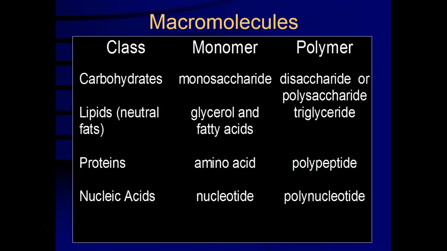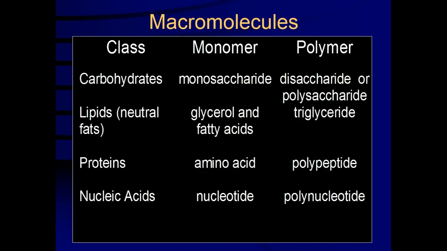Polymer means more than one. So we're going to learn the disaccharides. This is stuff like table sugar and milk sugar. Disaccharides, 2 sugars, and then polysaccharides. Those are things like the starches. Glycogen, for example, is a polysaccharide. So many sugars, 2 sugars.